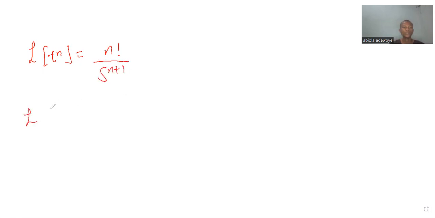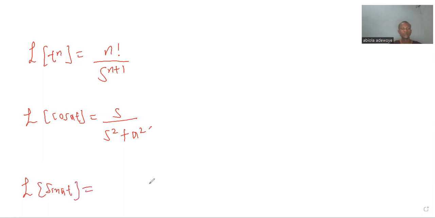Also, we'll be able to find the Laplace transform of cos at, which we said the answer is s over s squared plus a squared. Also, we'll be able to find the Laplace transform of sine at, which we said the answer is a over s squared plus a squared.